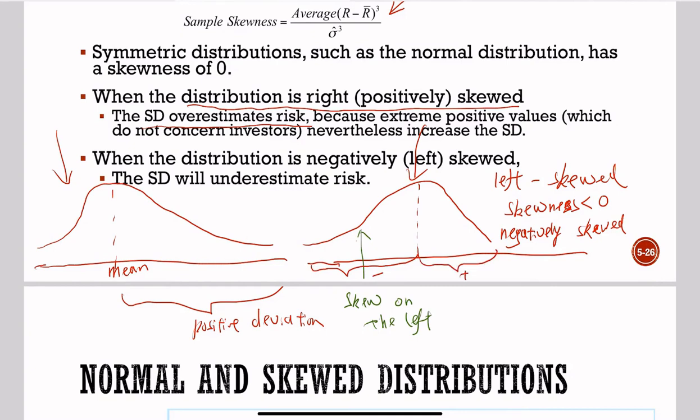However, when you're calculating standard deviation, you don't differentiate between negative deviation and positive deviation, and you're just calculating an average. So in the end, including this smaller positive deviation will actually underestimate the risk of your returns.